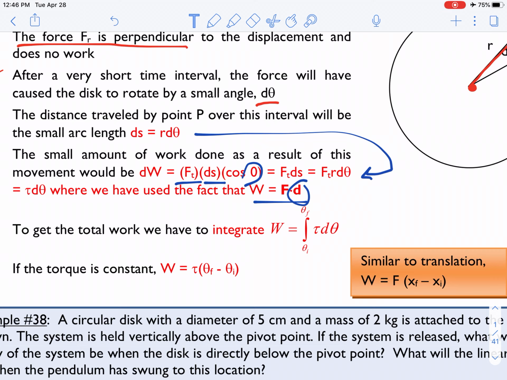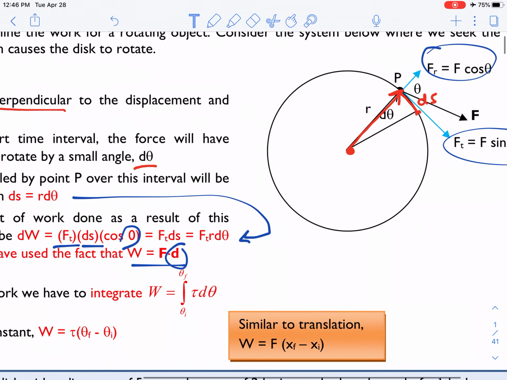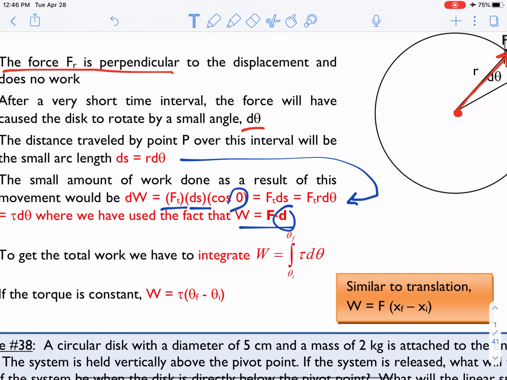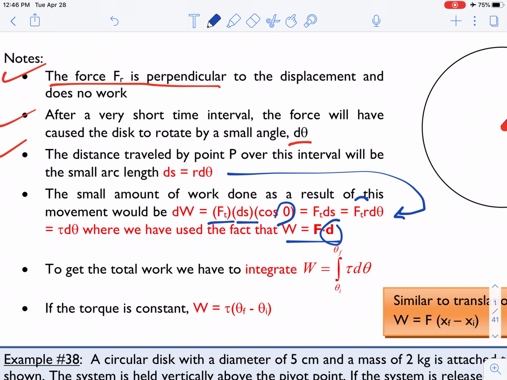So what is FT r? That is the torque due to that tangential force, right? Torque is actually r times FT times sine theta, but again, the angle between those two is 90, so sine 90 goes to 1, so it becomes only FT r, and again, this is torque due to this tangential force.